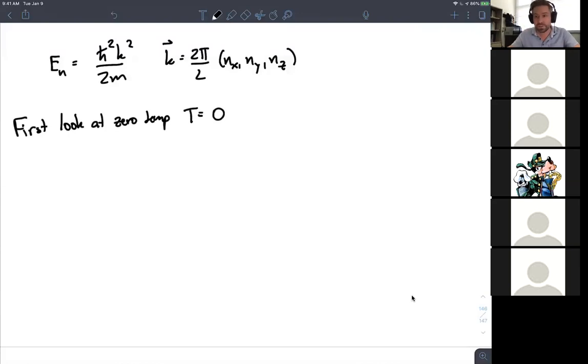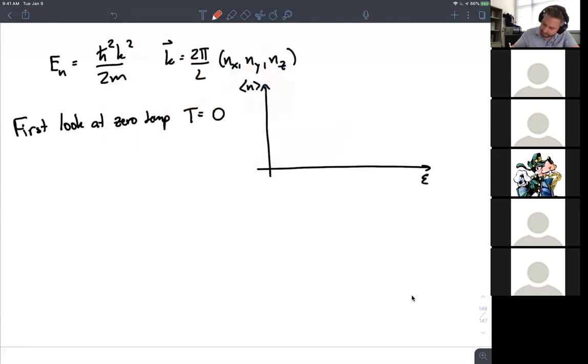Now, why do we do this? Well, that's because these things are fermions, so they are going to obey the Fermi-Dirac distribution. And at T equals 0, the Fermi-Dirac distribution is nice and simple: the average occupation number as a function of energy.